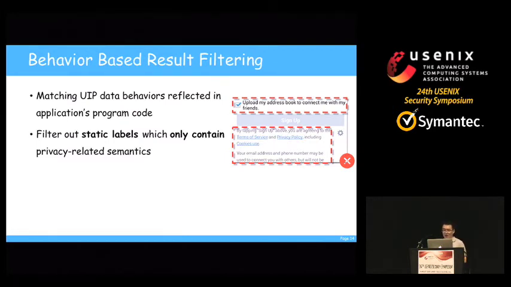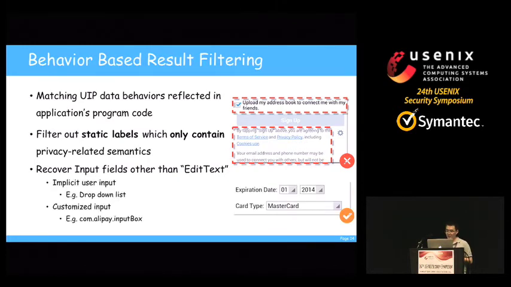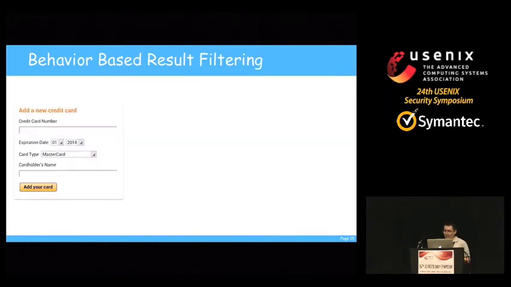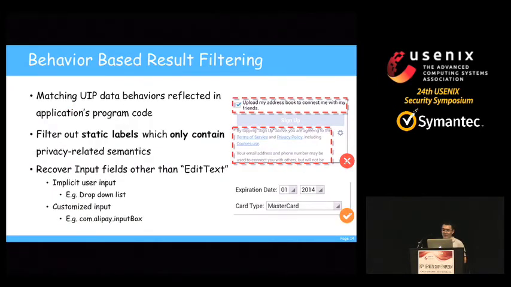For example, a dialog box explaining the privacy policies of the app. On the other side, this step also helps us to recover input fields other than the standard type of input field named edit text, which Android provides, like a drop-down list for time selection or a customized input field with an arbitrary user-defined name.